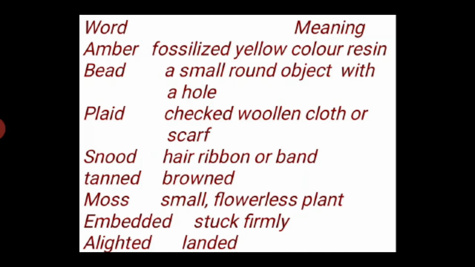Next word is plaid. The meaning of this word is a type of twilled woolen cloth, often with a tartan or checkered pattern. It means checked woolen cloth or scarf.